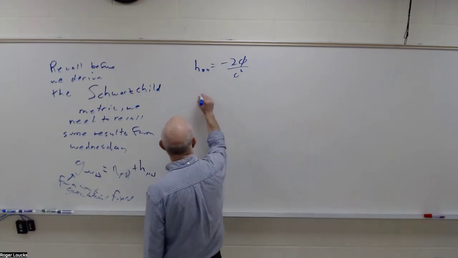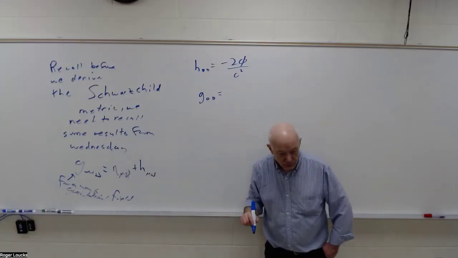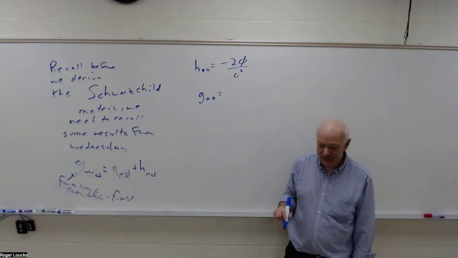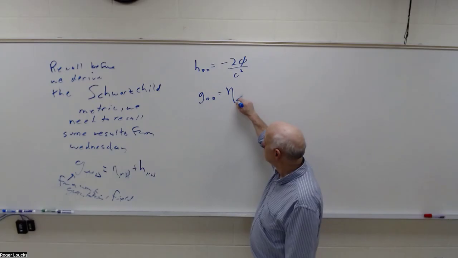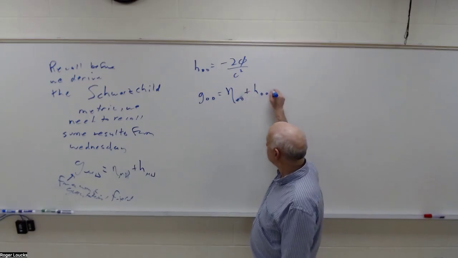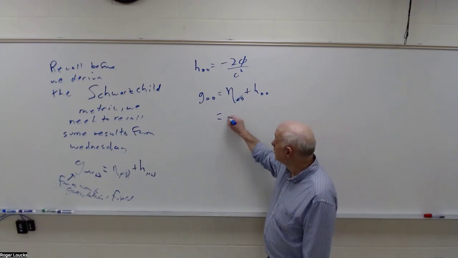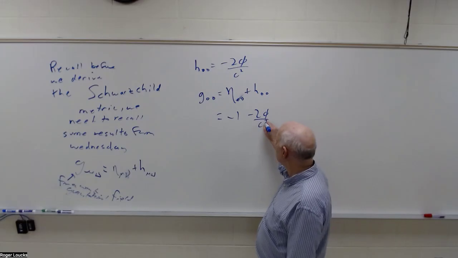So that means really, what is in g00, frequently called the g00 term? That would be eta 00 plus h00. So eta 00 is minus 1, and h00 is 2 phi over c squared.